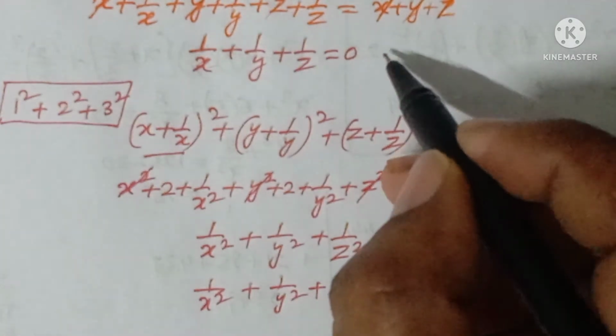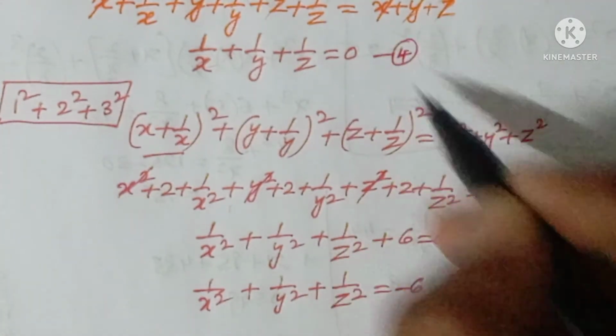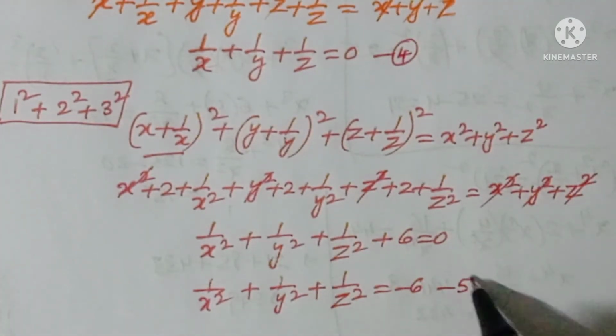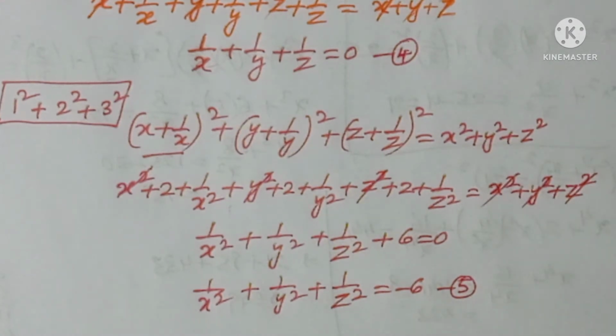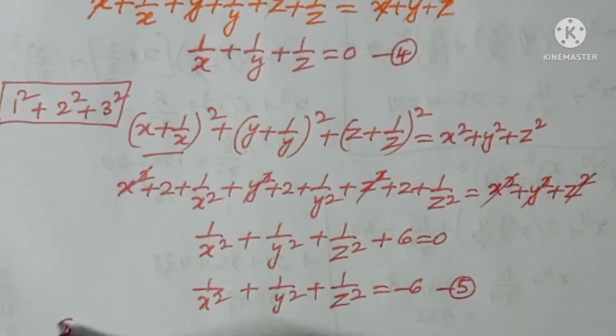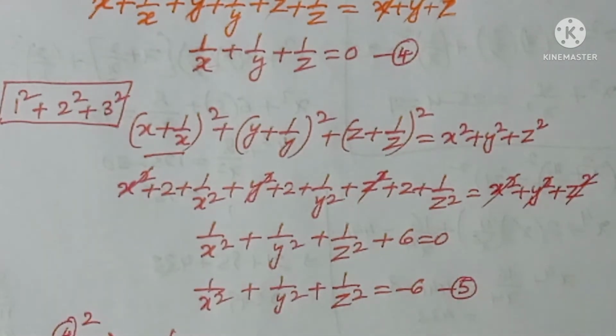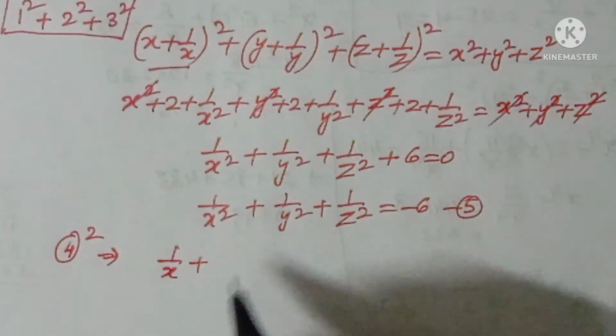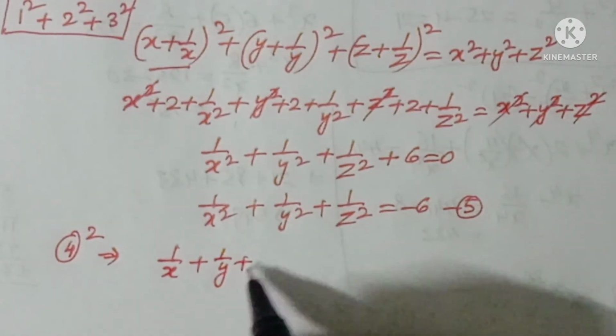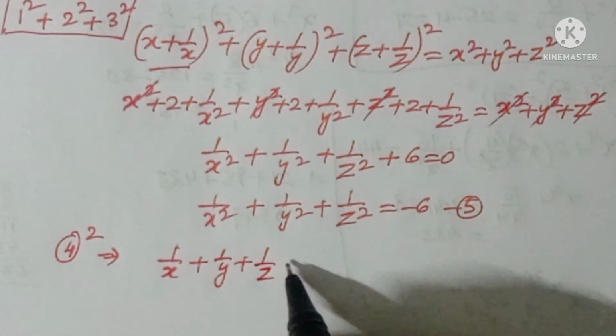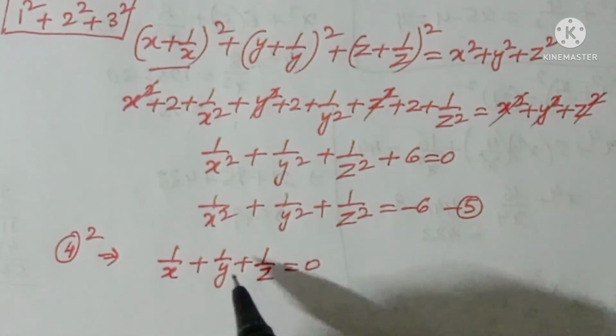So let it be 4, let it be 5. Now we are squaring the fourth one: 1 by x plus 1 by y plus 1 by z equal to 0, squaring on both sides.